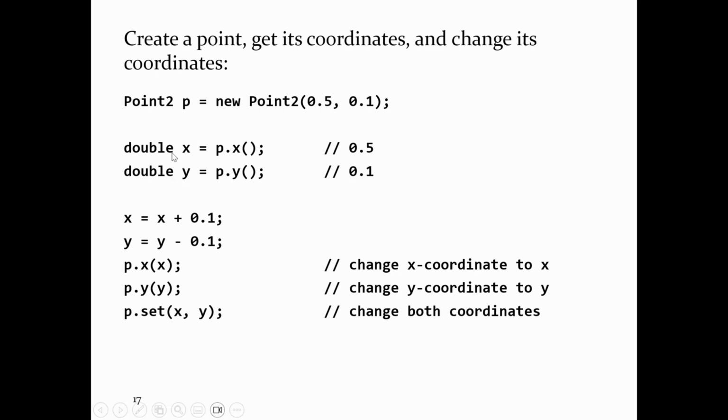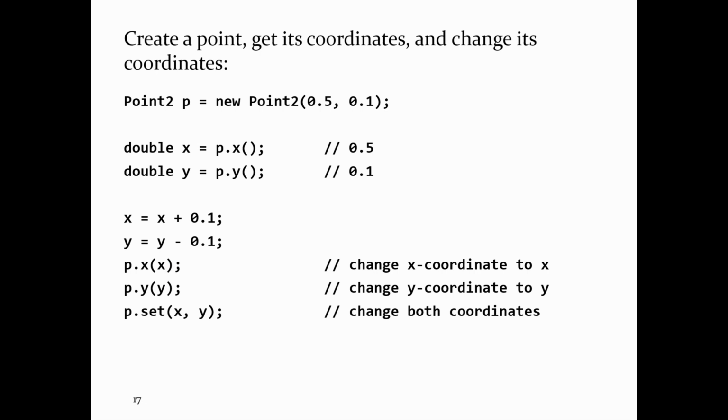Once I have x and y stored in separate variables, I can change the values of x and y. So I can add 0.1 and subtract 0.1 to get 0.6 and 0. Now I can change the coordinates of the point by calling another method. In this particular case, you change the x coordinate by using the method also called x.